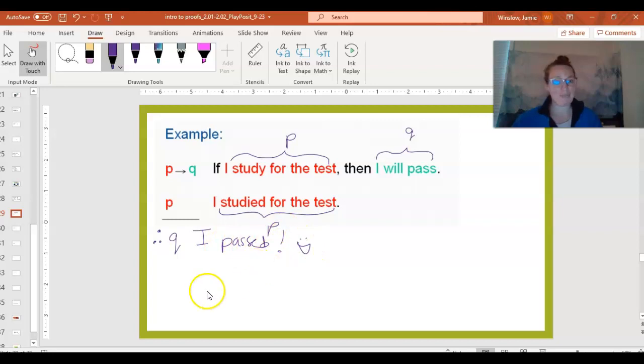You can be happy. Now you could come up with counterexamples, right? We talked about that. Maybe the person studied for the wrong test, studied the wrong material. That could be a counterexample. But you can see this law of logic at play, the law of detachment. Some people remember the law of detachment as P kind of detaching itself from here, just a visual way to remember it.